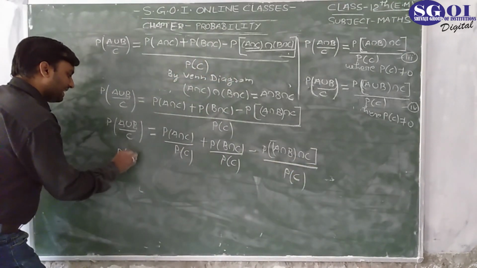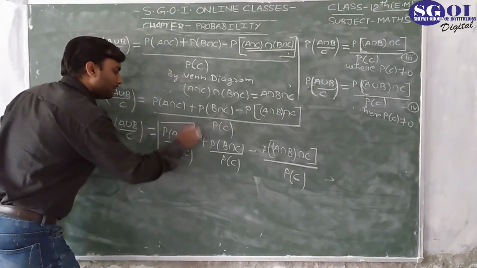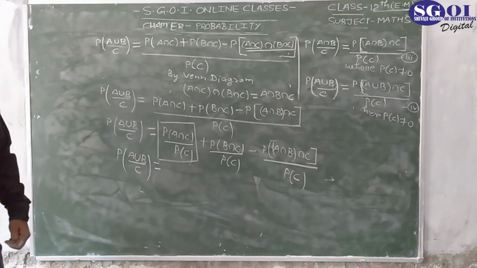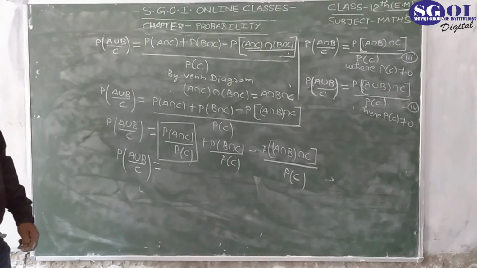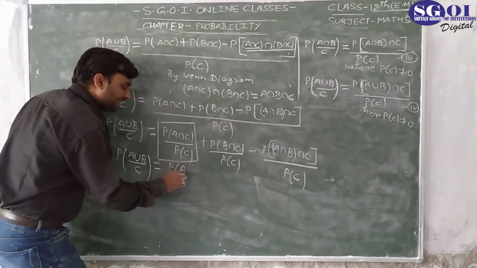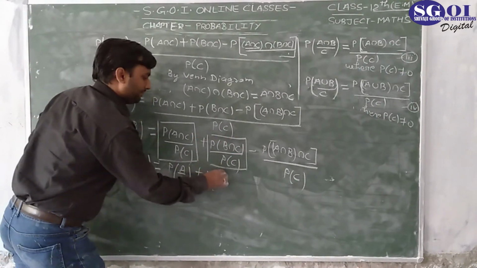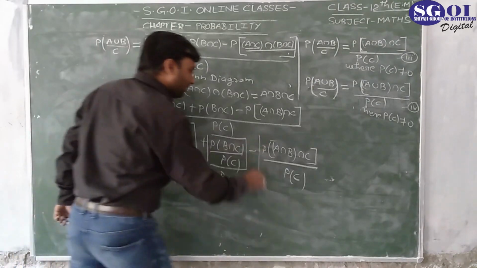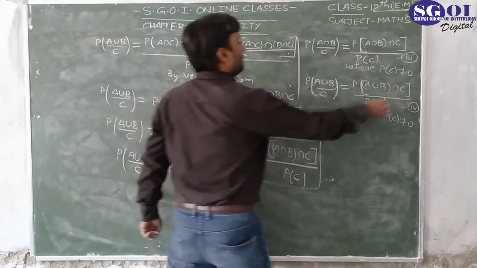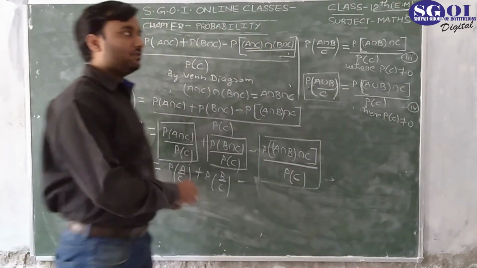That is, probability of A union B by C is equal to, this portion is the probability of A by C, from equation first you can check. This portion is the probability of B by C. And this whole portion is the probability of A union B by C from equation 4.